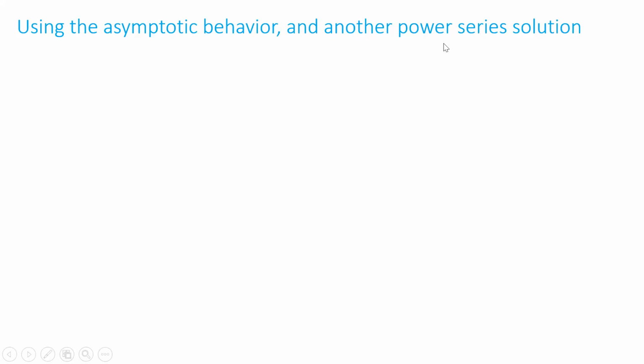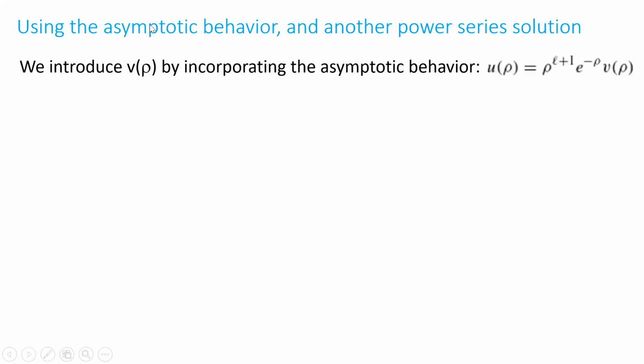Anyway, using the asymptotic behavior, we introduce another function, v of rho, by incorporating the asymptotic behavior. So we write u of rho, which is what we're trying to solve for, as rho to the L plus 1, which is the small rho behavior, times e to the minus rho, which is the large rho behavior, times v of rho.